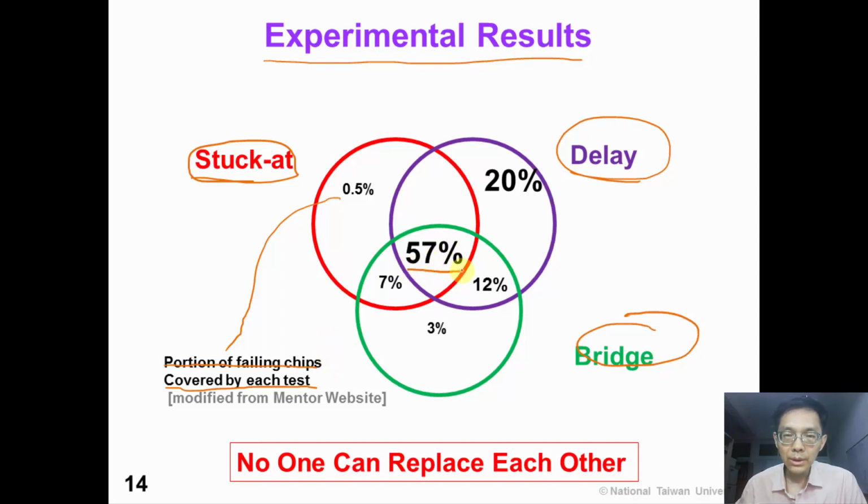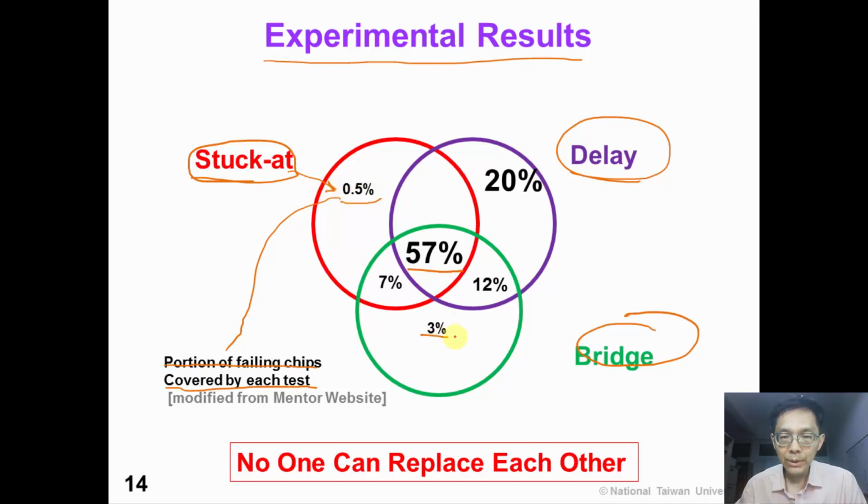In the middle, we see that a majority of chips, 57%, are detected by the 3 different tests. However, there are 0.5% of chips that fail only the stuck-at test.